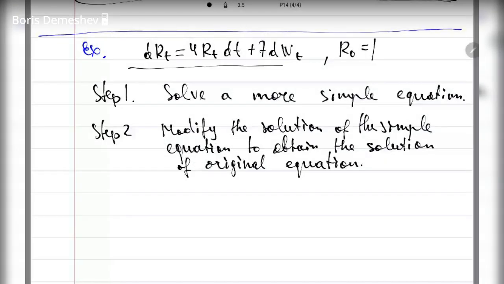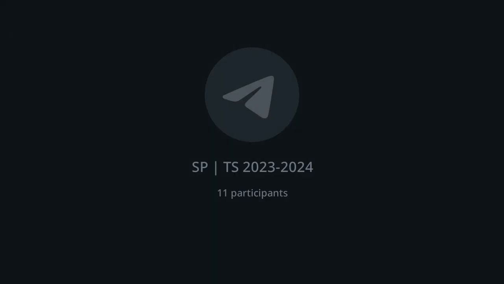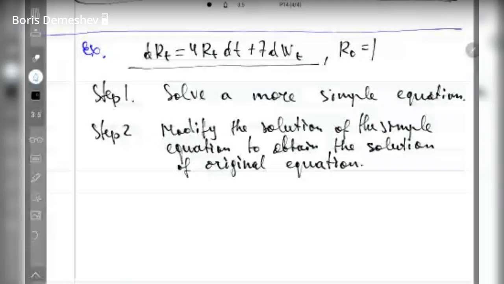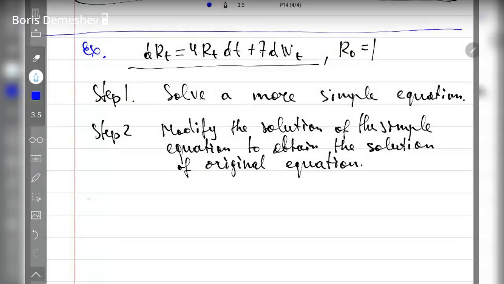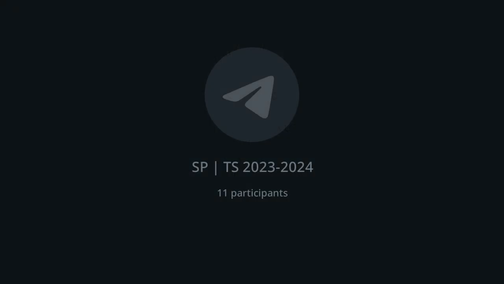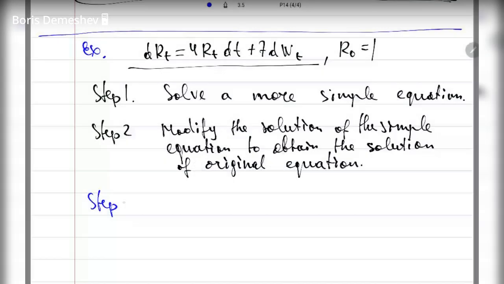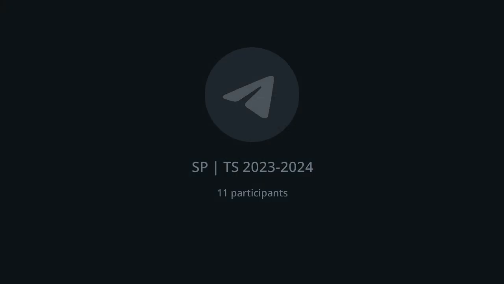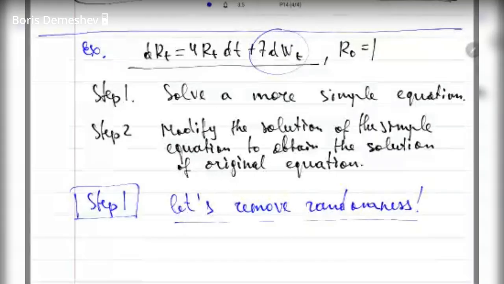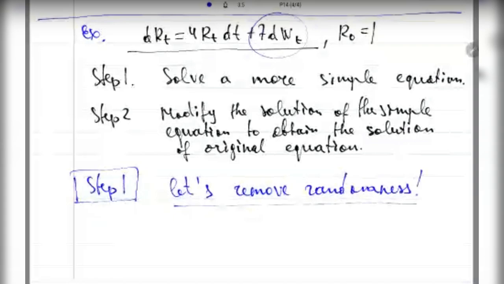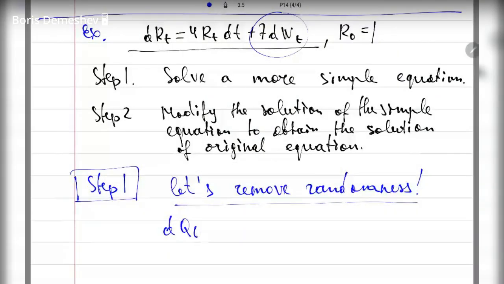Okay, imagine that I need to solve this equation. Let's do step 1. I remember more or less how to solve deterministic differential equations. So let's consider the simplified equation. Let's remove randomness from this equation. I will consider the equation dq_t = 4q_t dt.